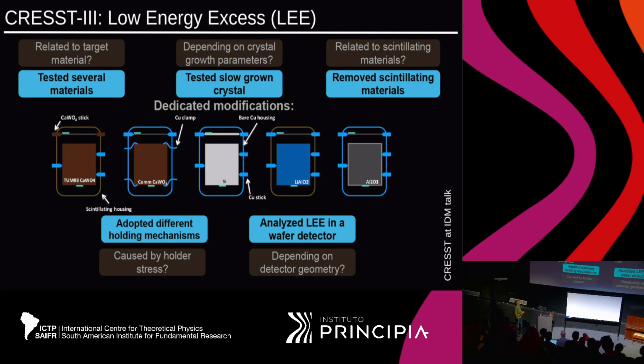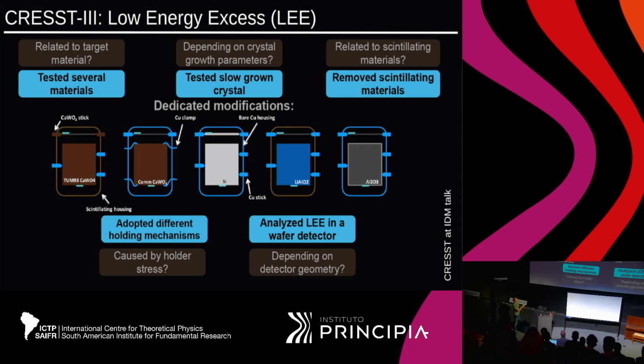Then they started looking at stranger things. It is true that we have a detector that is not really coupled to the external world by anything, but that is not reality, because you have in some way to mechanically hold this thing in place.